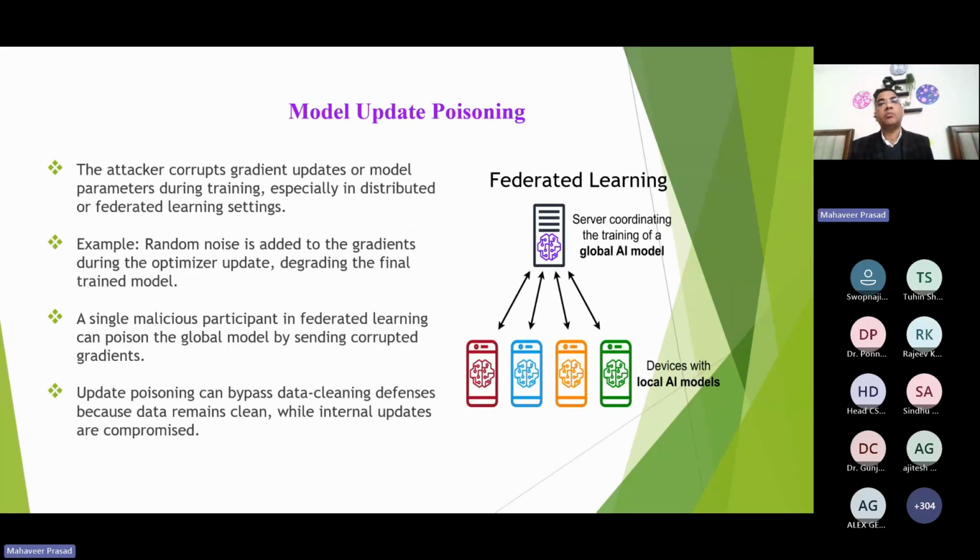So next one is model update poisoning. Model update poisoning basically occurs when we are training our model using federated learning. Before going to model update poisoning, just see the right side, what is federated learning. In federated learning, we are training our model on different systems.